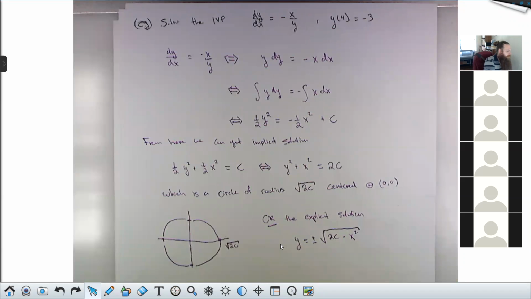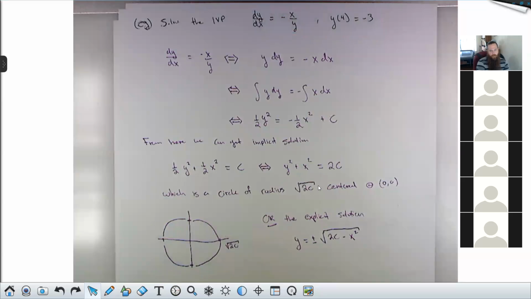What we were dealing with here was an initial value problem. So if we want to solve the IVP, we still need to plug in our initial conditions. This expression is the general solution to the differential equation. But when we throw in these initial conditions, things change a little bit.